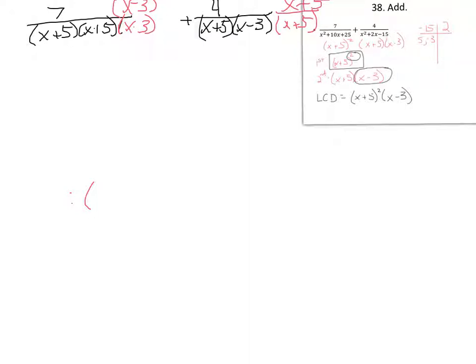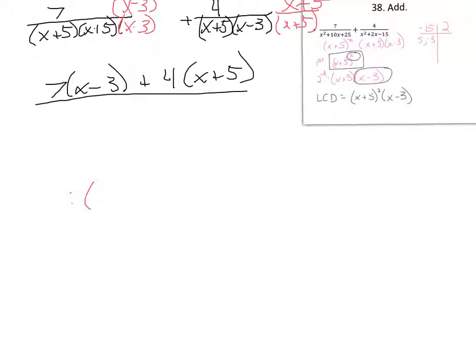And so that gives us 7 times x minus 3 plus 4 times x plus 5, all of that over x plus 5, x plus 5, x minus 3.